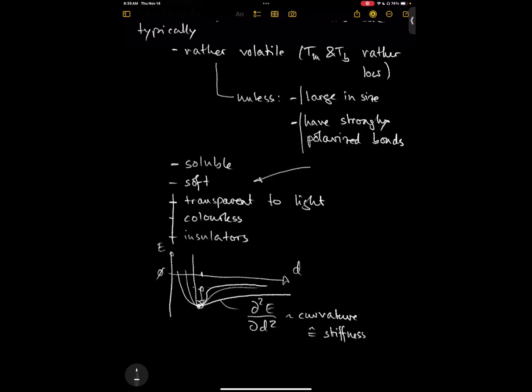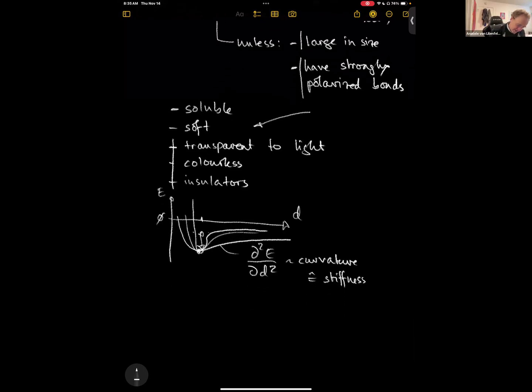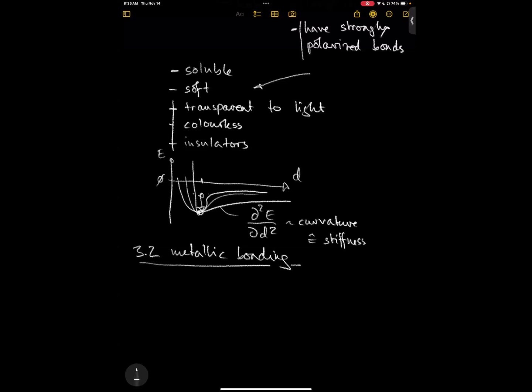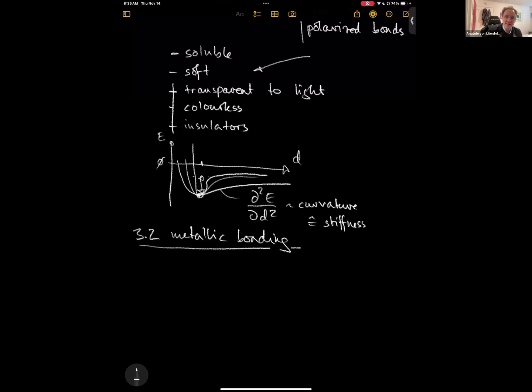I don't see any, and so I would like to still use the remainder of today's lecture to enter the next subchapter, which is subchapter 3.2 on the metallic bonding. And to really appreciate what a metallic bond is, I'd like to do two drawings.